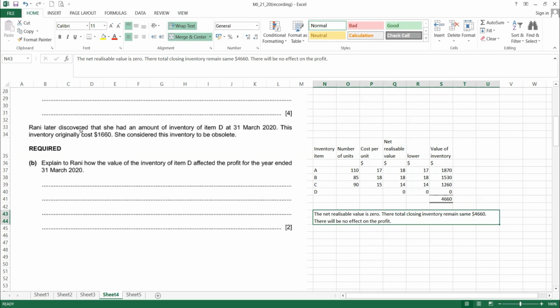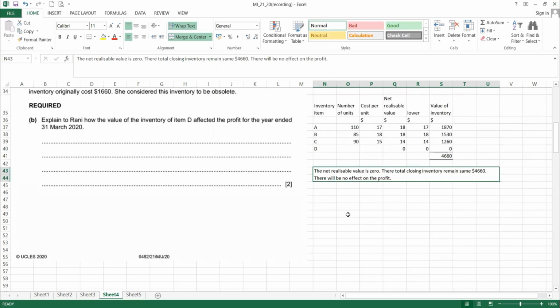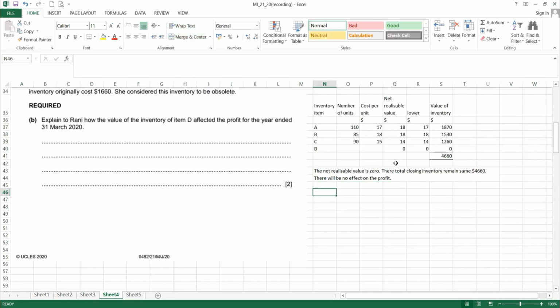Because they say that later she discovered that she has inventory of item D at this amount, and this item's original cost is 1,660. It means that in actual, based on my understanding, they have the opening inventory for the item, which is 1,660.